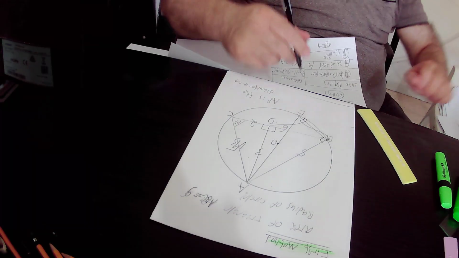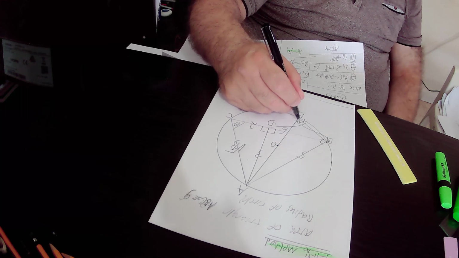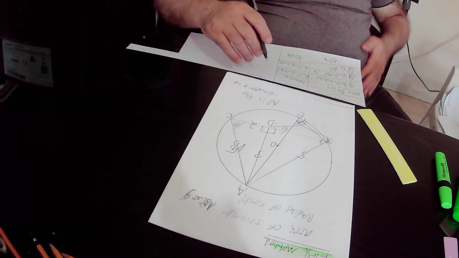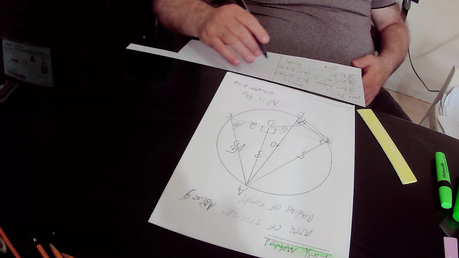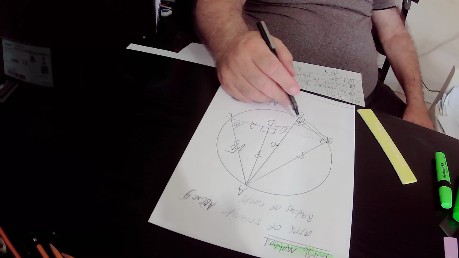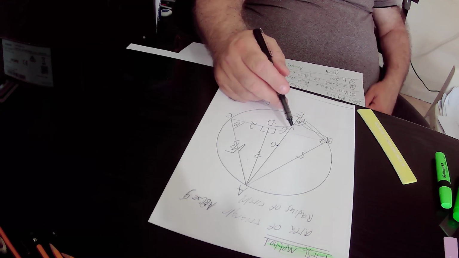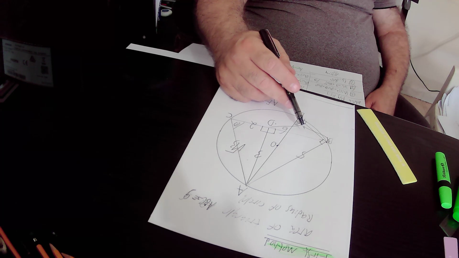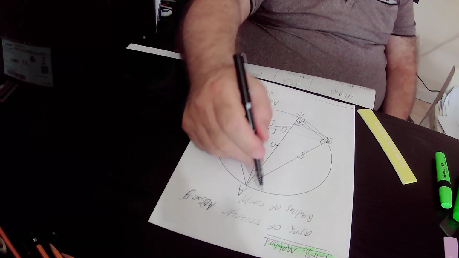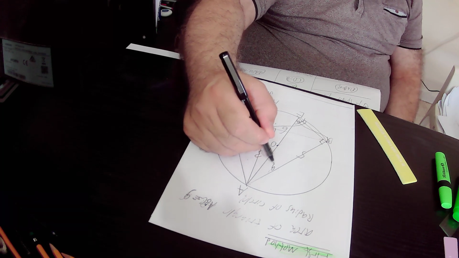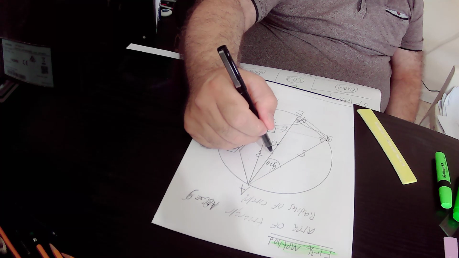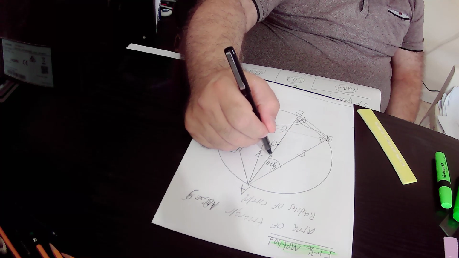If you focus on the right triangle ABE, we know that angle AEB equals theta and angle ABE equals 90 degrees, so this angle must be equal to 90 degrees minus theta, in order to complete the sum of the angles in the triangle to 180 degrees.